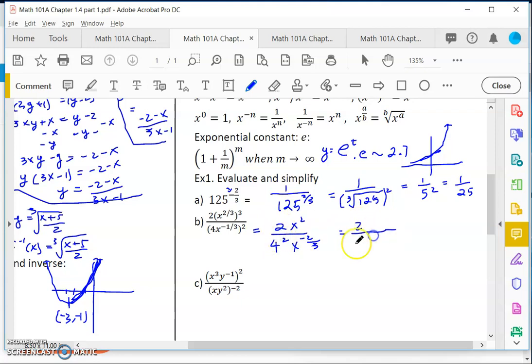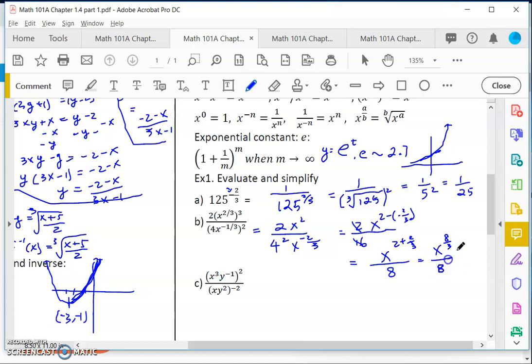Simplify 2 and 16 as a fraction. And also x would be 2 minus negative 2 over 3. So this becomes 8 at the denominator. You can cancel this. Then the top would be x to the 2 plus 2 over 3. What is 2 plus 2 over 3? It is 6 over 3 plus 2 over 3, which is 8 over 3.